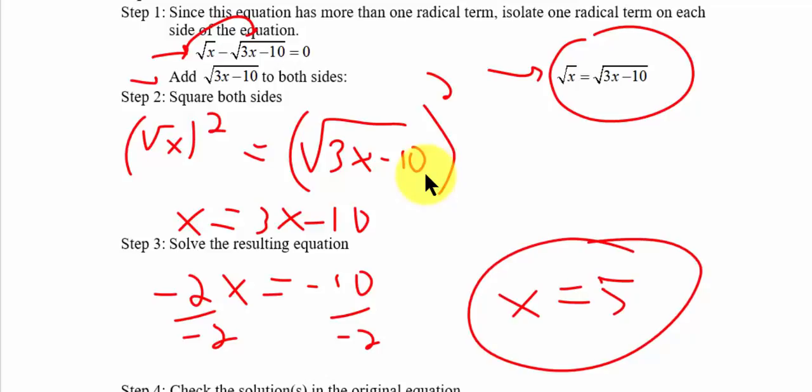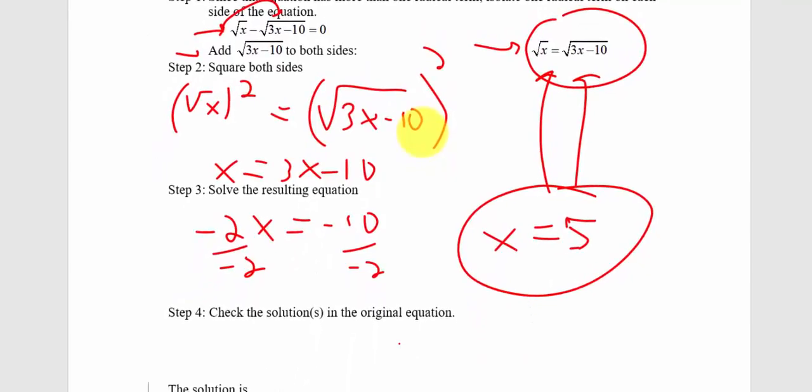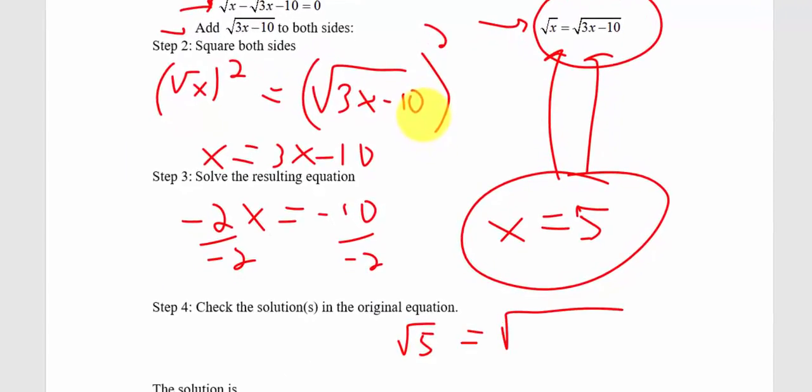It's important to do the check to make sure that this actually checks out. I'm going to replace x with 5 in both places. So I have the square root of 5 equals the square root of 3 times 5 minus 10. It looks like this is going to work out.